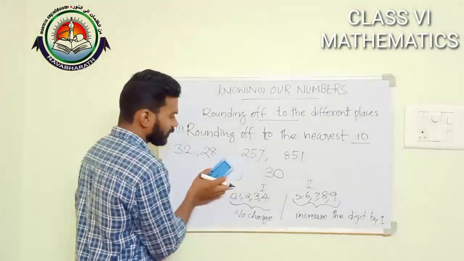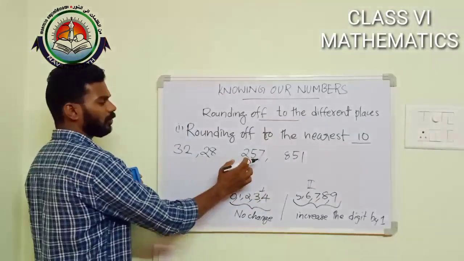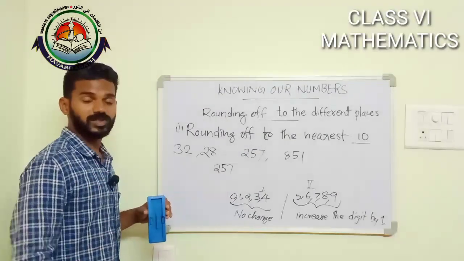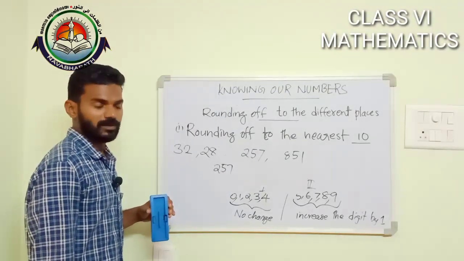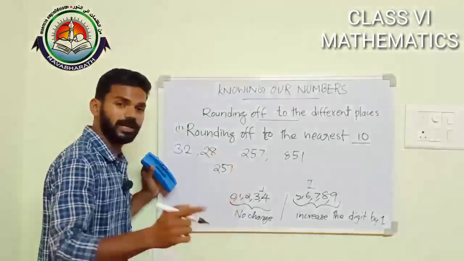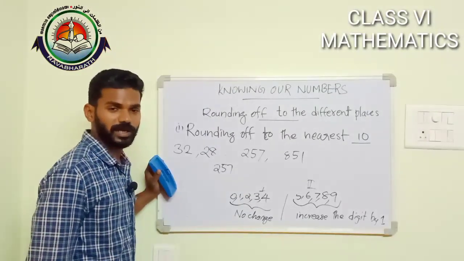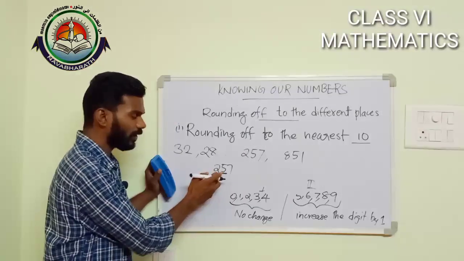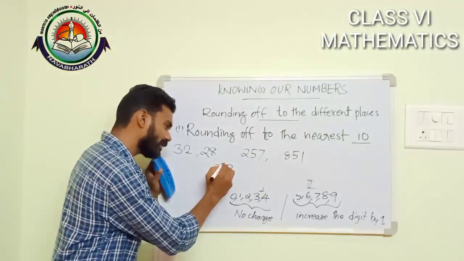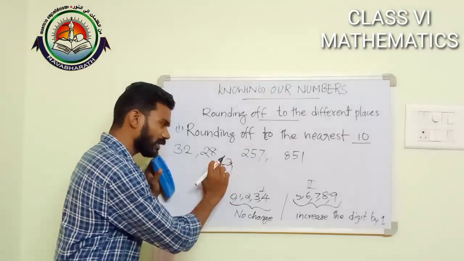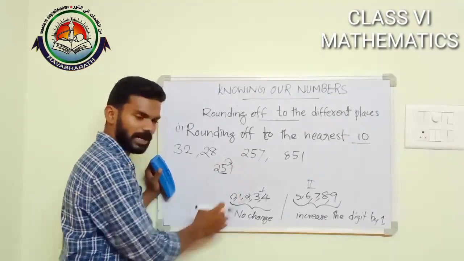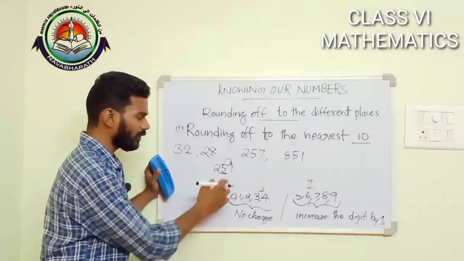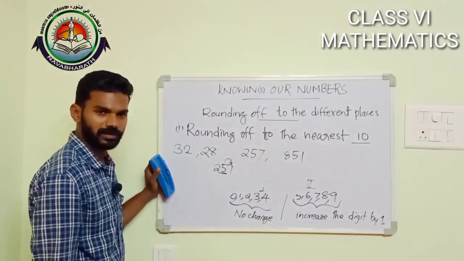Now let's check out how we can round off 257 to the nearest 10. Tell me. First of all, you have to consider the digit at the tens place. And you can see that here at the tens place it is 5. Then consider the nearest next digit on the right. And it is 7. And you know that 7 belongs to the second category.